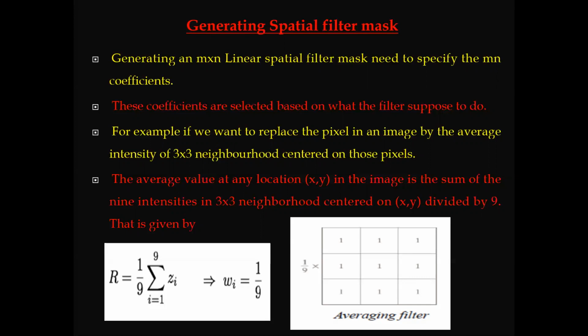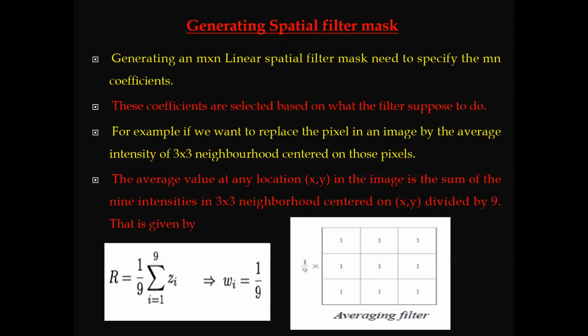From this we get the filter coefficients W equal to 1/9. You can see clearly the average filter, which is a 3 by 3 filter, so it has a total of 9 coefficients.